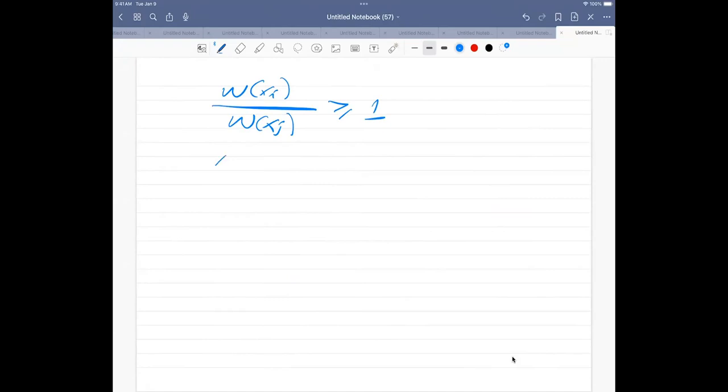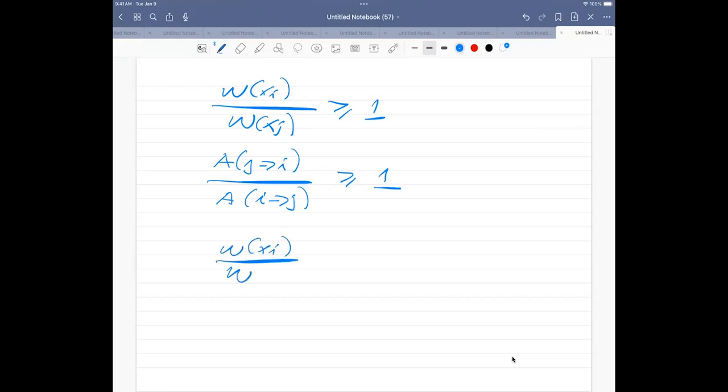So that means that in this specific case, we have A(J to I), and A(I to J) is larger or equal than 1. That's the only thing we know. Then we have the other situation where Wi over Wj is smaller than 1.